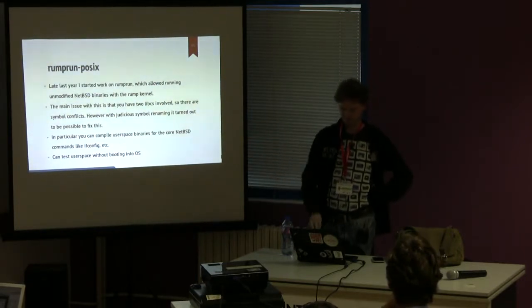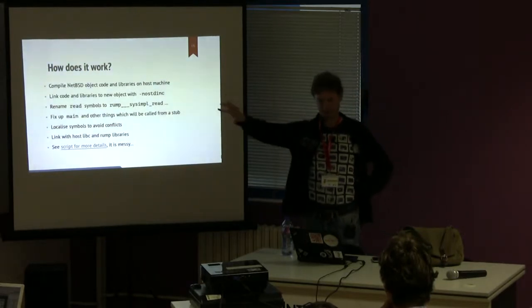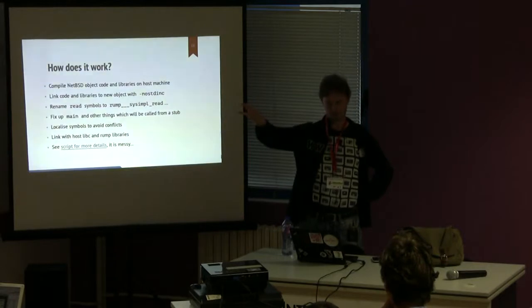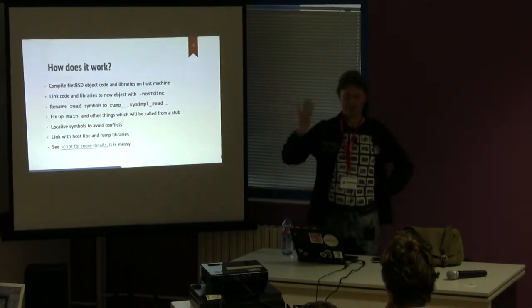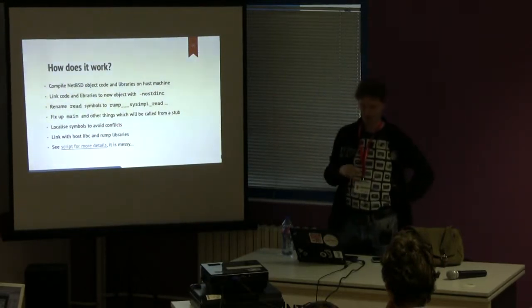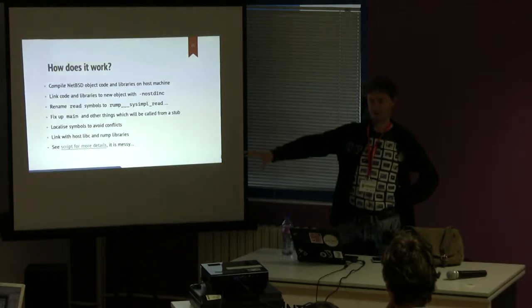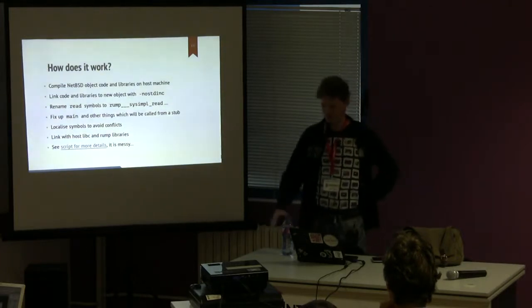The way it works is you take the stuff you're building for NetBSD, link it all without host libc at all, and then use object copy to rename a bunch of symbols so that they point at the rump symbols, fix up a few horrible things like main, because you're going to have another main you're going to link in, localize all the symbol names in the object that you've created, and then link it in with rump and the host libc. If you click on that link there, you can see the script.